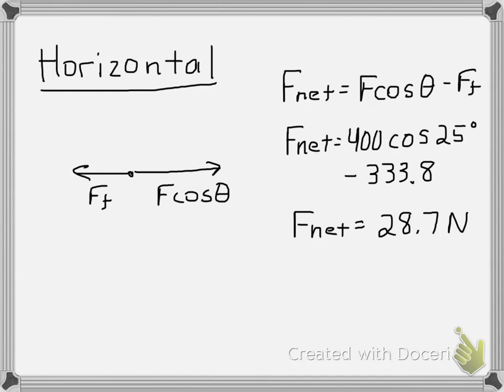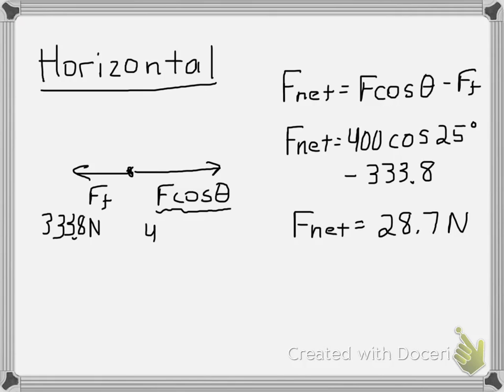Okay, now the only forces in the horizontal direction are the frictional force, which we found to be 333.8 newtons. And this is the horizontal component of the applied force.